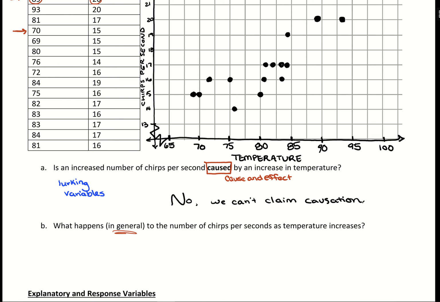Basically, we just want to choose some wording that makes it looser and not as strict of cause and effect. So with this, what we could say is, as temperature increases, in general, chirps per second also increase.